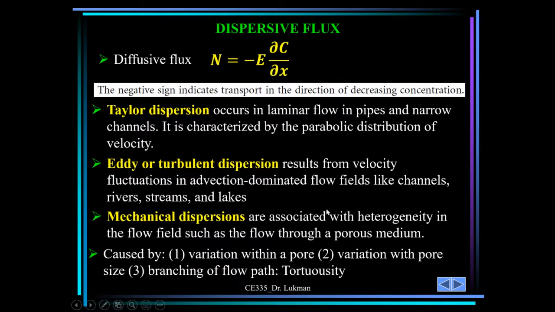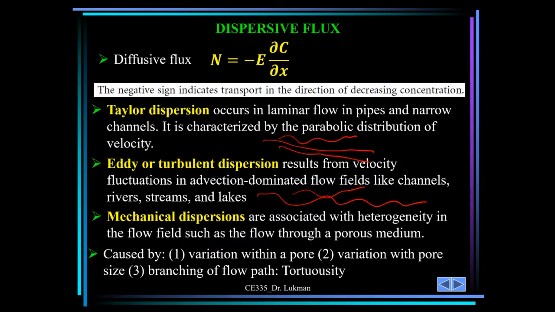But you find variation within the pore size, and you have branching of flow path, which is the tortuosity, referring to the curved path taken due to the porous medium. So different paths are taken by the fluid flowing through the porous medium because of its presence.